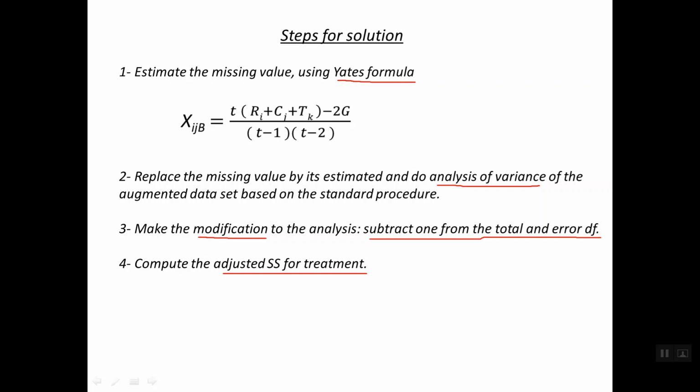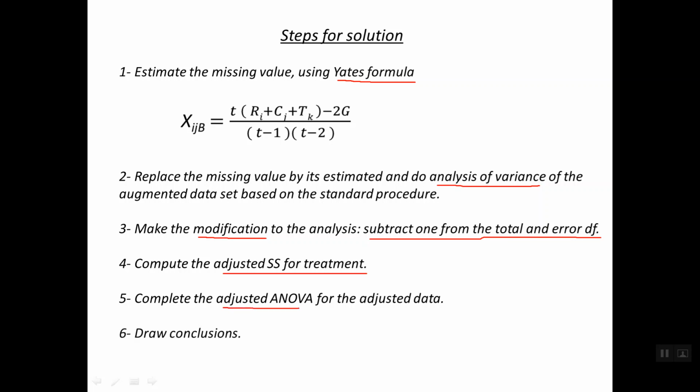So we'll have two ANOVA tables. One is the initial, and the second is the adjusted and the recommended one. Then we will complete the adjusted ANOVA for the adjusted data. And finally, we can simply draw the conclusions.